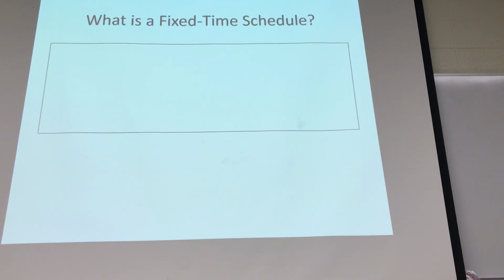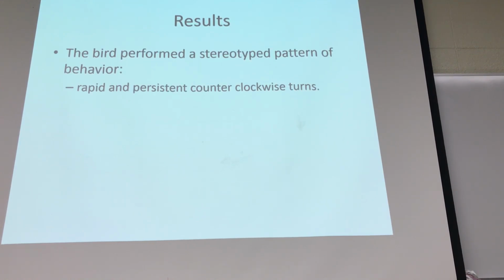Could you describe religion as superstitious behavior? Religion is more likely rule-governed behavior as opposed to superstitious behavior. We talked about that in advanced classes. So, going back to superstitious behavior in the pigeon, it produced stereotyped behavior.